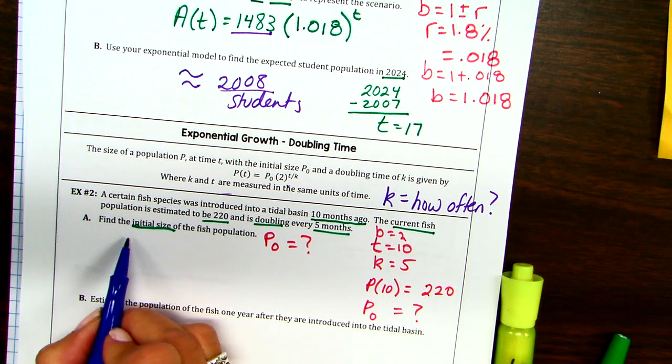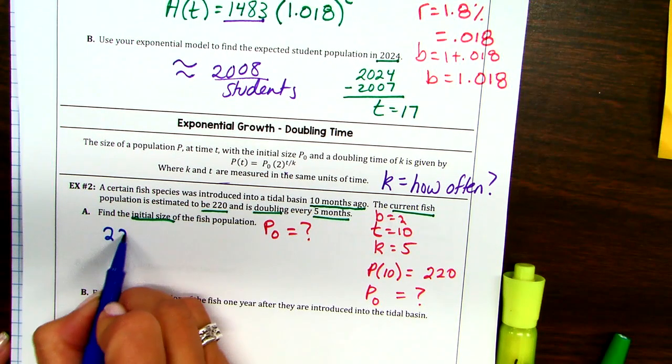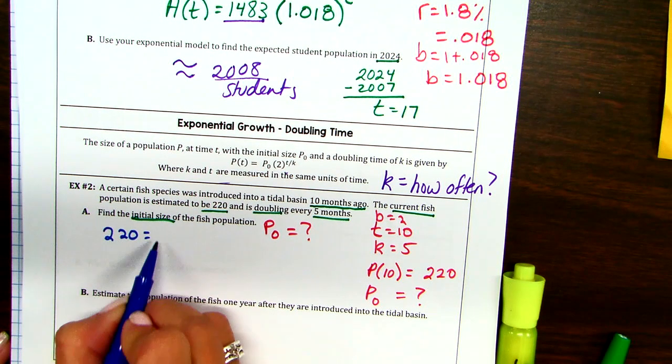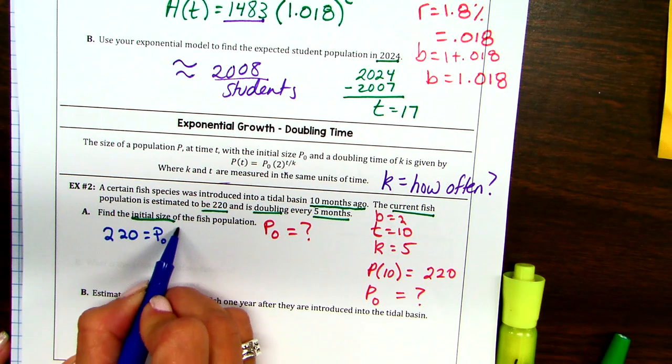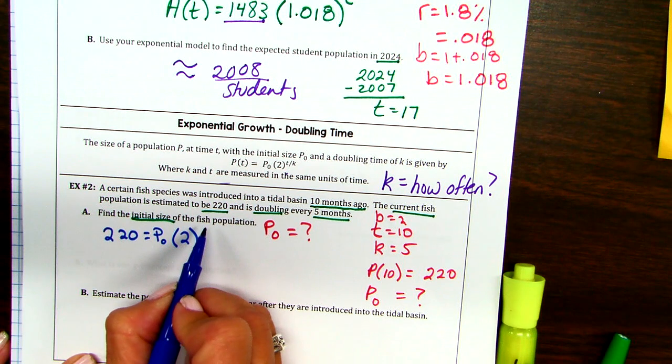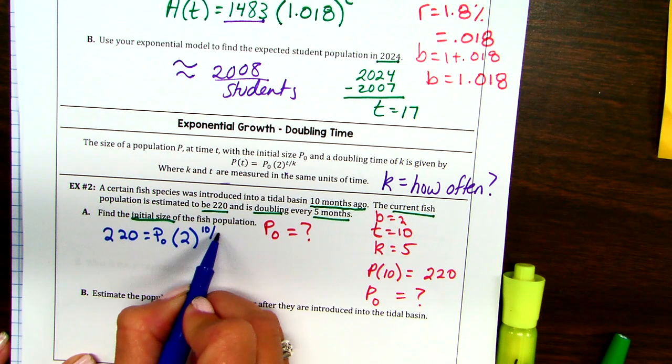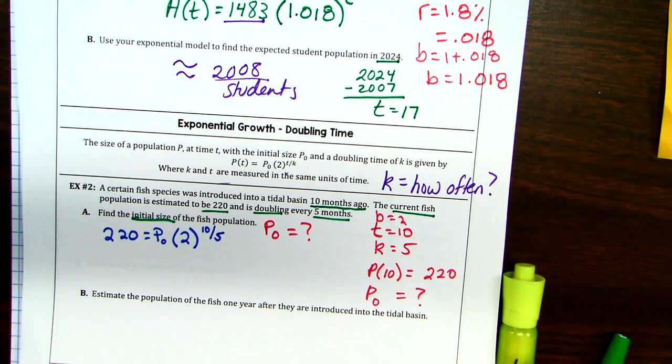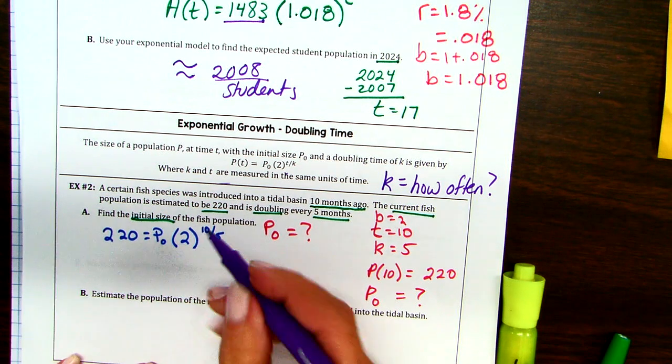I'm just going to use our algebra skills to solve for the unknown variable. So that's 220 equals what we don't know times 2 to the power of 10 months, doubling every 5. So, of course, 10 over 5 is 2.